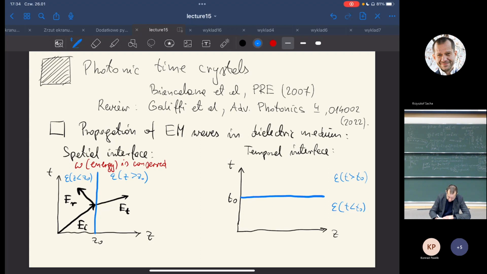So we have again the propagation of the wave packet, and at a certain time the dielectric constant is changed.